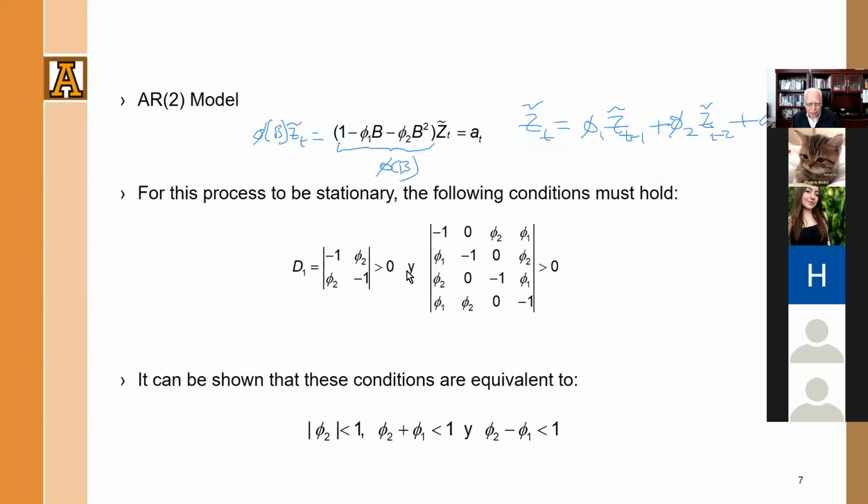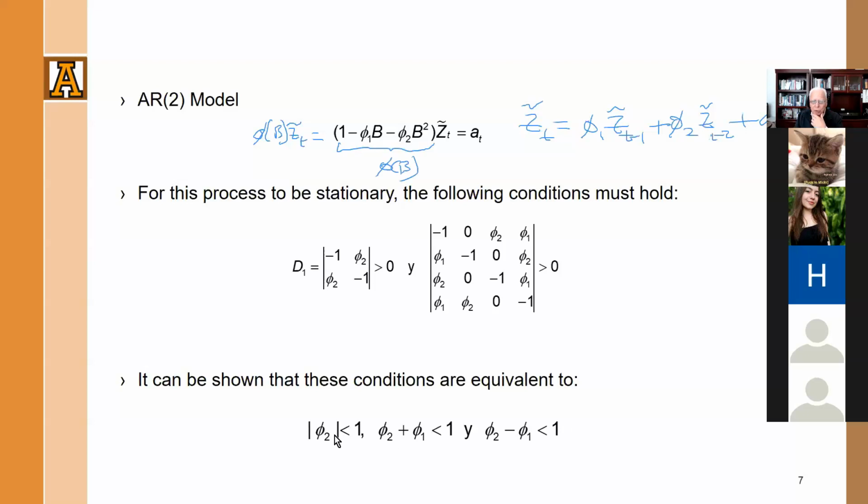Now, if you compute these determinants, you can show that the conditions that both determinants be greater than 0 are equivalent to: phi2 in absolute value is less than 1, phi2 plus phi1 is less than 1, and phi2 minus phi1 is also less than 1.